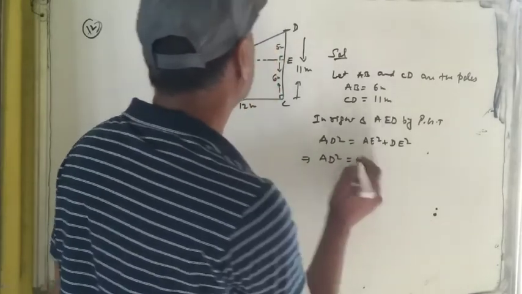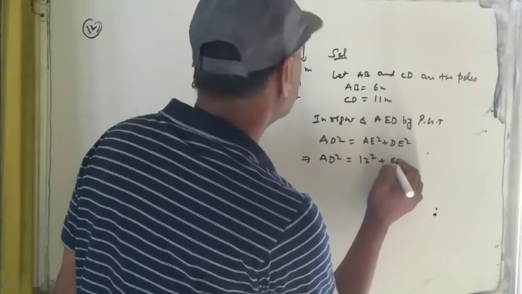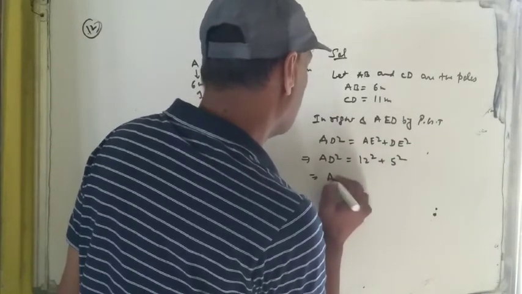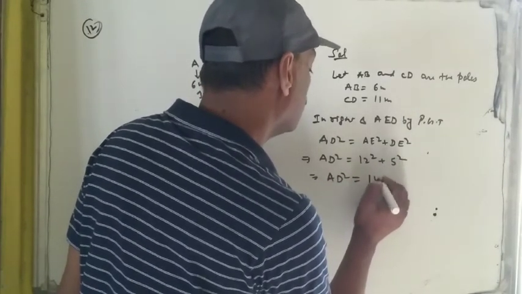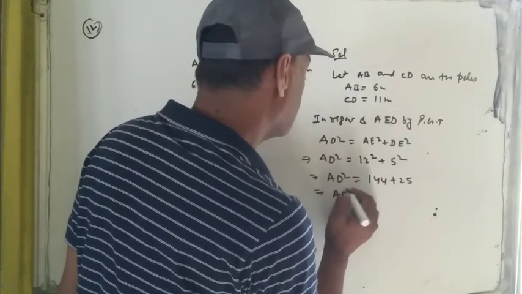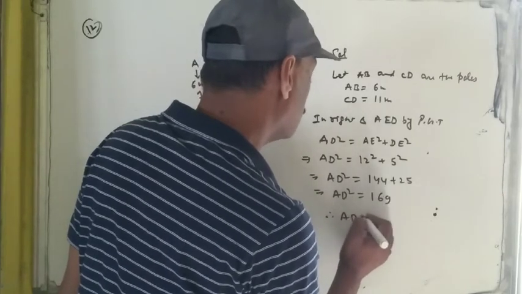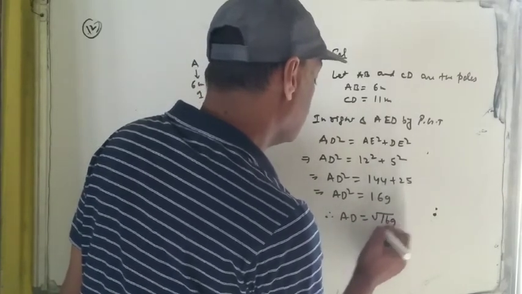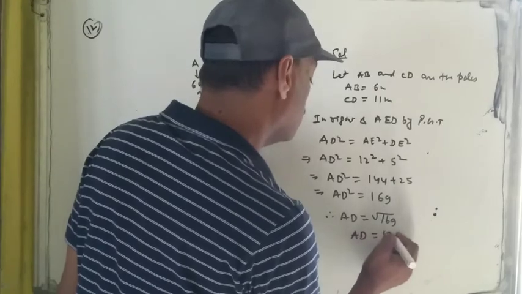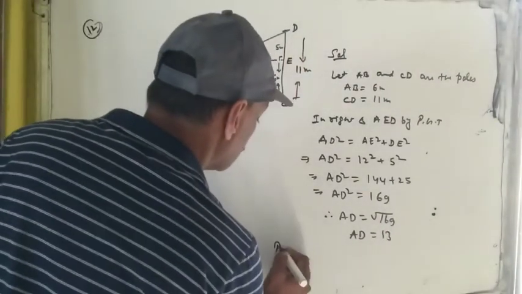AE is given, AE is 12, so this is 12 square, and DE is 5 square. So AD square equal to 144 plus 25. AD square equal to 169. So AD equal to root 169, and AD equal to 13. So required distance equal to 13 meter.